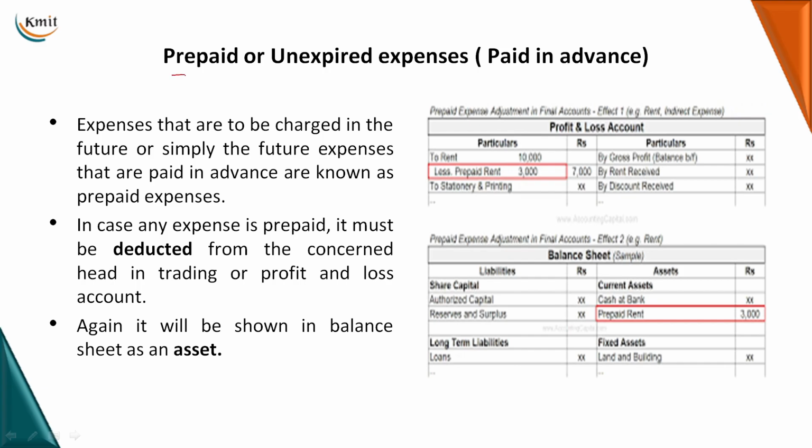The next adjustment is prepaid or unexpired expenses, that are nothing but paid in advance. Expenses that relate to the future and are paid in advance are known as prepaid expenses. Once it is prepaid, it doesn't belong to that particular year in which the financial statements are prepared.